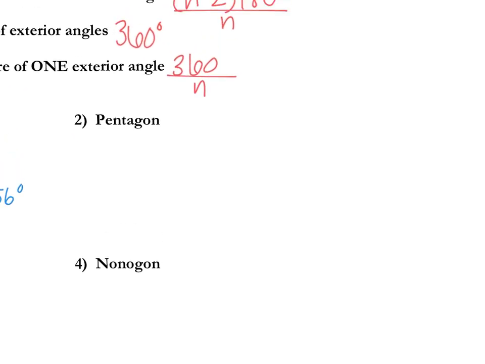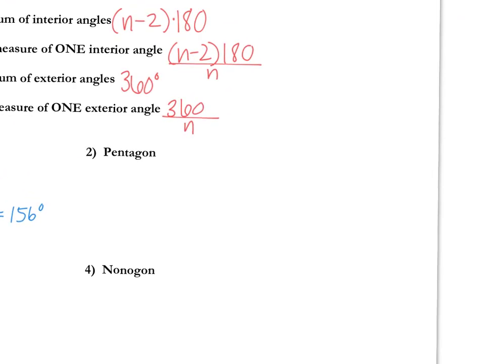For a pentagon, again I'll leave the equations up. For part A, we figure out the sum of interior angles. n for a pentagon would be 5. So 5 minus 2 times 180 would be 3 times 180, which is 540. Part B, the measure of one interior angle.